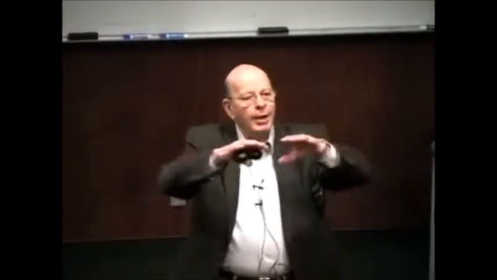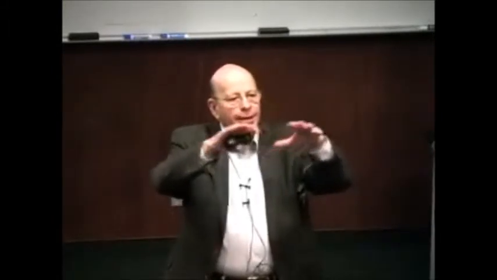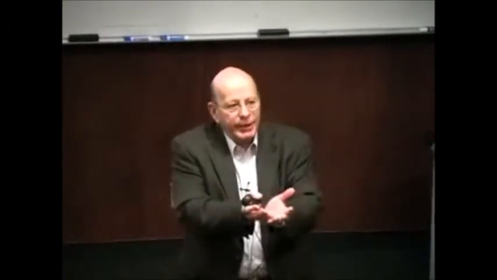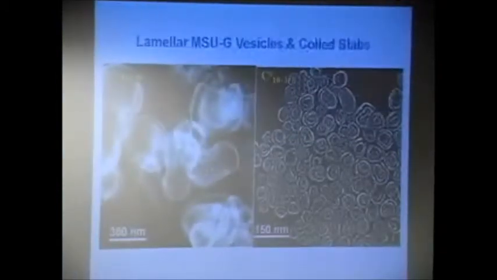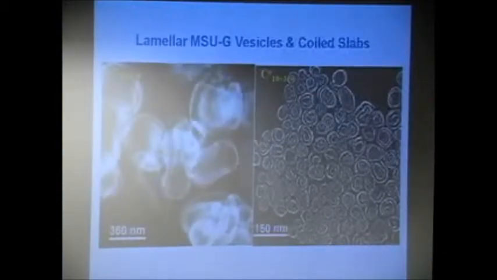And so what will happen is the lamellae will fold on themselves to get rid of the edges and form a 3-dimensional hierarchical structure. And on the left here, this is exactly what has happened. The lamellae have closed on themselves to form a vesicle. And so these are literally silica balloons, with the walls of the balloons being mesoporous.